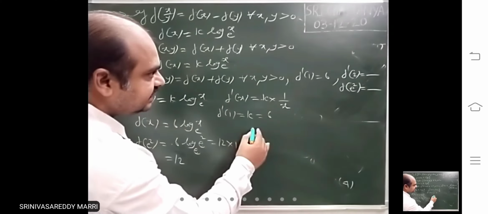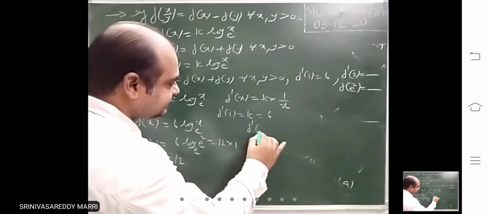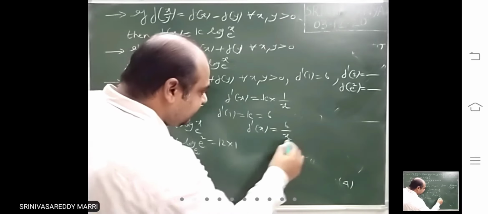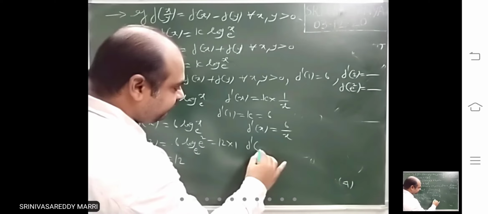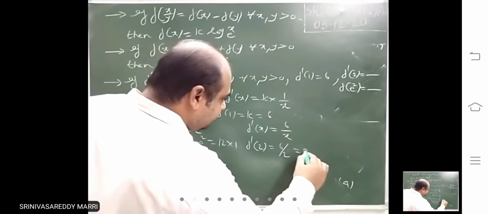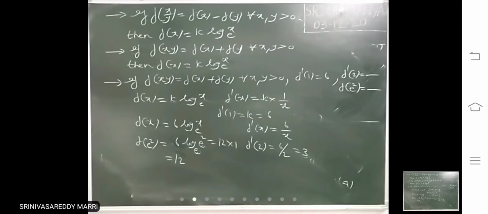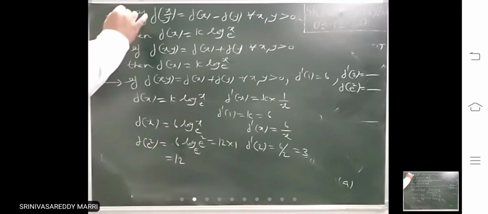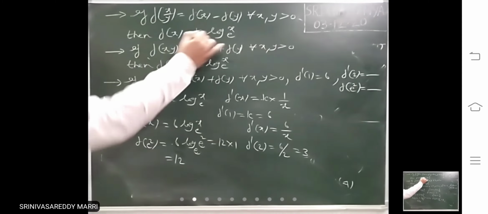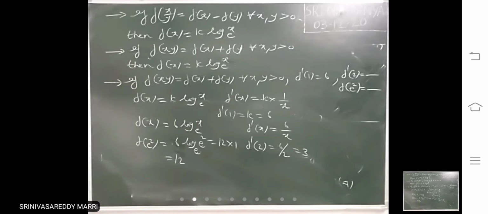Now he wants f dash 2. f dash x is 6 divided by x, so f dash 2 is 6 divided by 2, which is 3. Like that, if you find k, you will get everything. These two formulas you remember. Whenever an equation is given, you take the function in this form, then find k, and then whatever else he is asking.